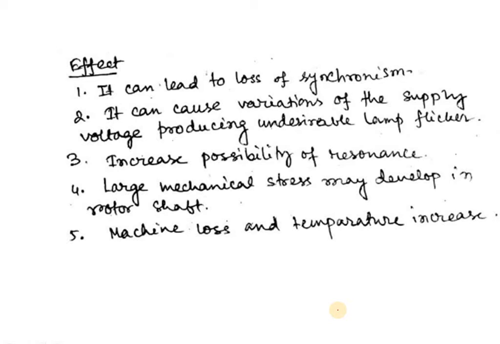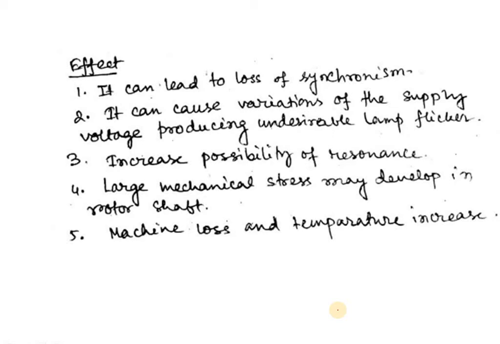So first, it will lose its synchronism. When the machine loses its synchronism, how can we know? There will be changes in the dark and bright lamp method, which will show whether the machine is synchronized or not.